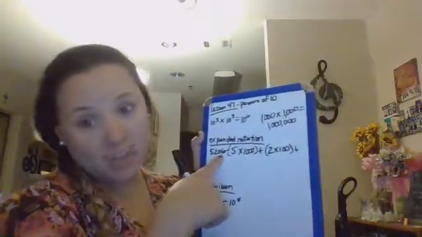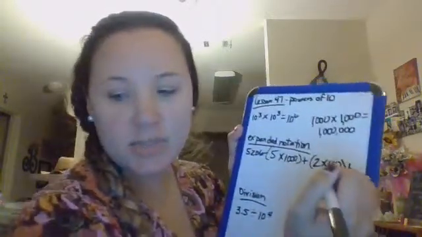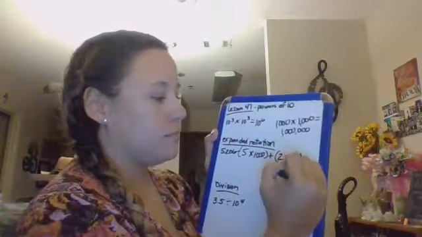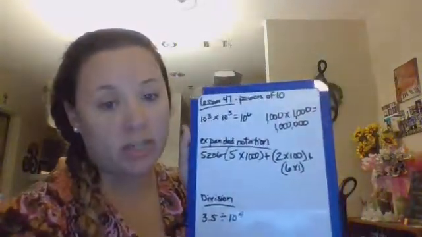And then I have a 6 though in the ones place, so it's just going to be 6 times 1. So that's my normal expanded notation.